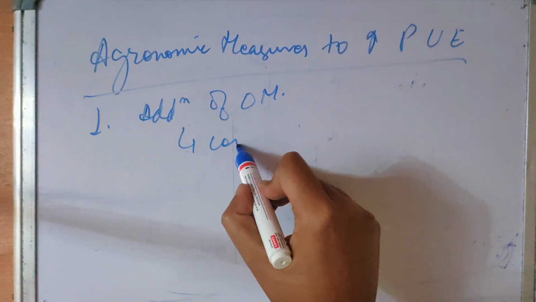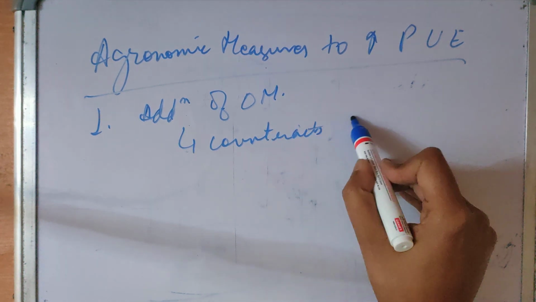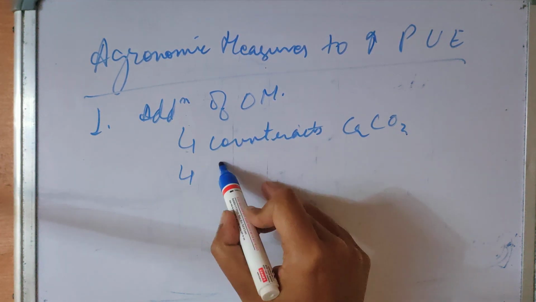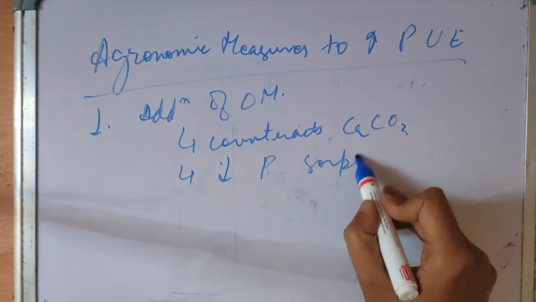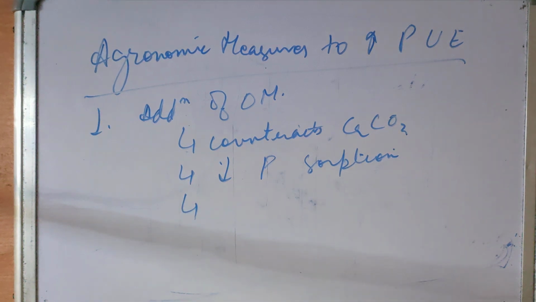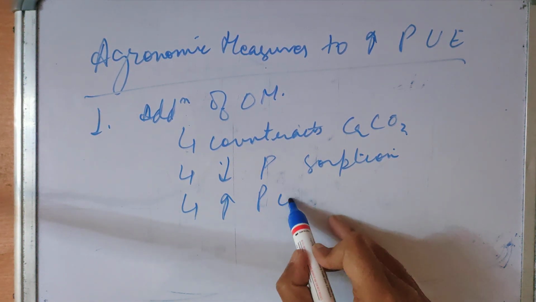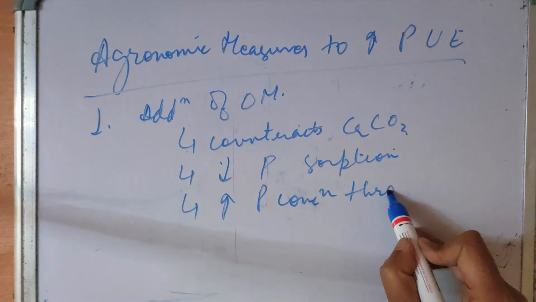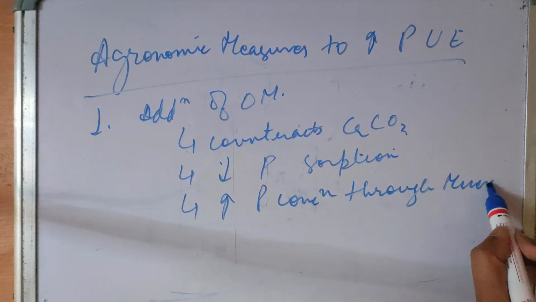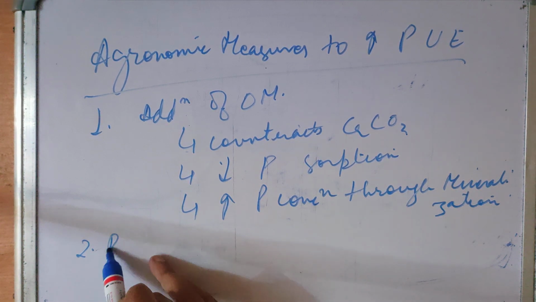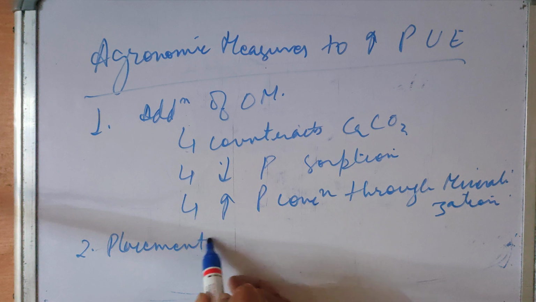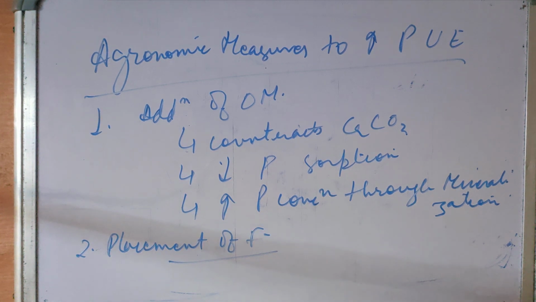What it does, it contracts CaCO3, reduces P sorption, reduces sorption of phosphorus, and increases P concentration from mineralization. Second, placement of fertilizer. As I have talked earlier also, we need to place the fertilizer near the root zone of plants, as phosphorus is immobile.